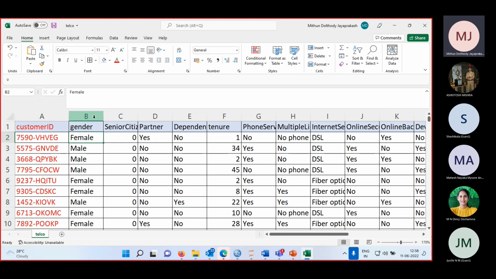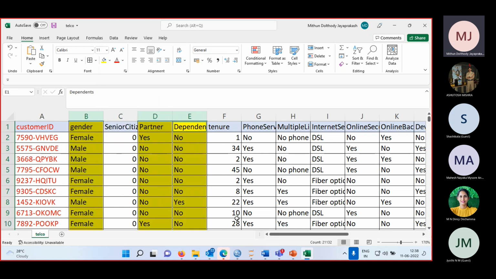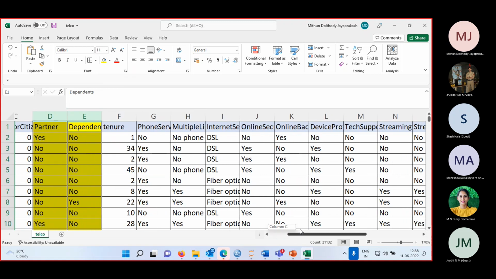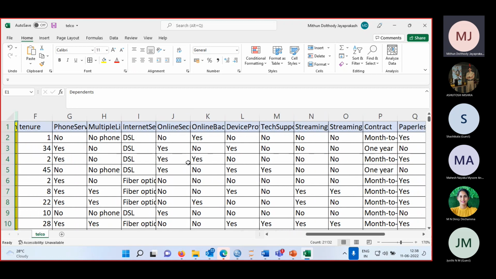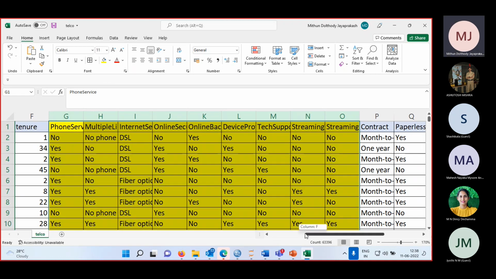Now look at these variables. You have variables like gender, and then you have variables like partner, dependent. I'm going to color this in yellow so that you can appreciate what we are talking about. All these things are categorical variables and they are string, character variables. Then you have certain other variables. All these are service related variables like phone service, which are again categorical.